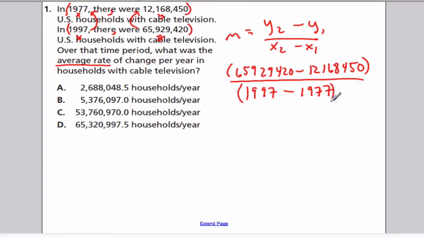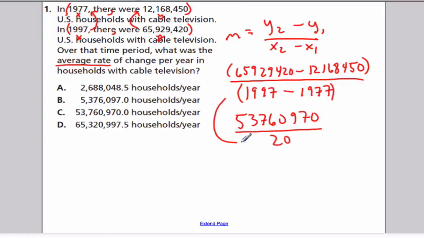So the top part gives us, after you subtract them, 53,760,970 divided by 20, which is 1997 minus 1977.